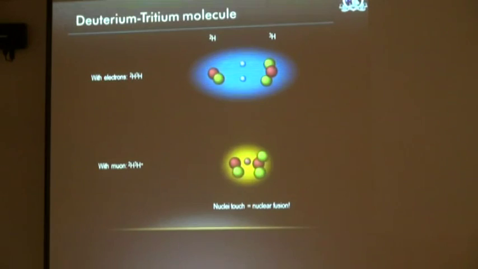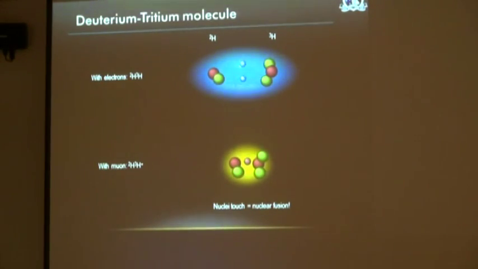But if instead you replace the two hydrogen atoms with two isotopes of hydrogen, the deuterium that I mentioned already, and a radioactive isotope, tritium, which is a proton with two neutrons. Deuterium and tritium love to get together and undergo nuclear fusion.